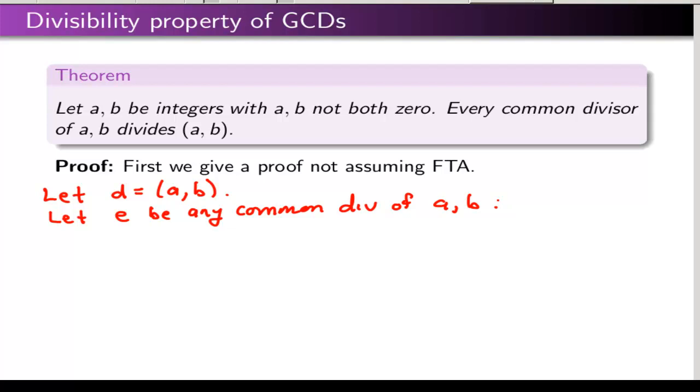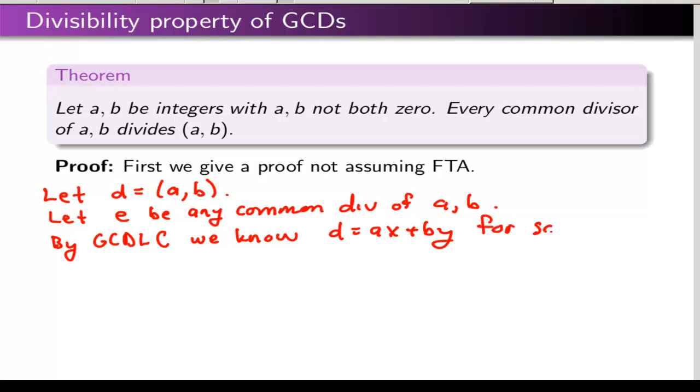Okay, by the GCD LC theorem, we know D is AX plus BY for some integers X and Y. Okay, now E is a divisor of A, so since E divides A and E divides B, we know that E is a divisor of any linear combination.